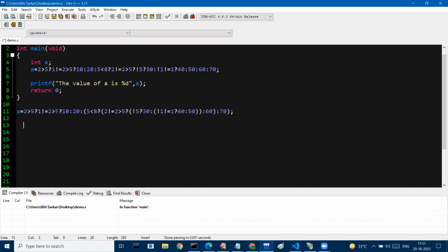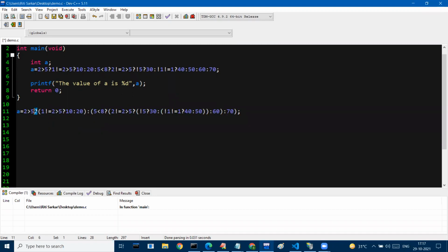Now we are left with how many asking signs? 1 asking sign, 2 asking sign, and we are left with 2 colon. For this asking sign, what is the expression 1? Up to this will be the expression 1. This is the expression 2 and this is the expression 3. So we can bracketize this part. Next, we are left with 1 asking sign.